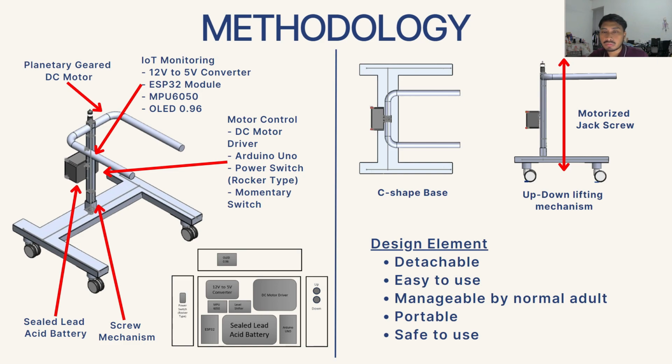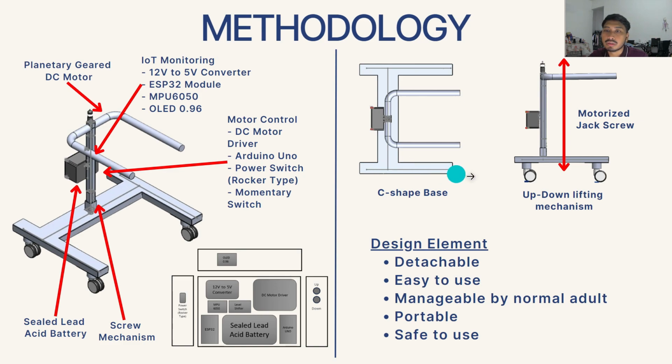Right, so to reach our objective and our design elements, I decided to design a C-shaped base which has adjustable width. The wider it can be, the more secure the patient being lifted is.